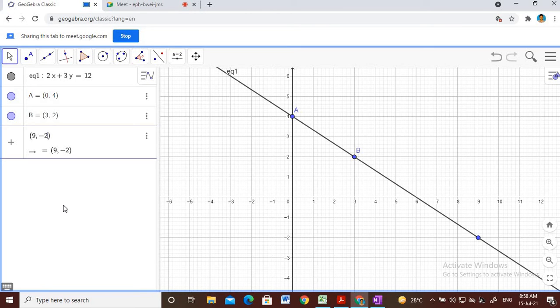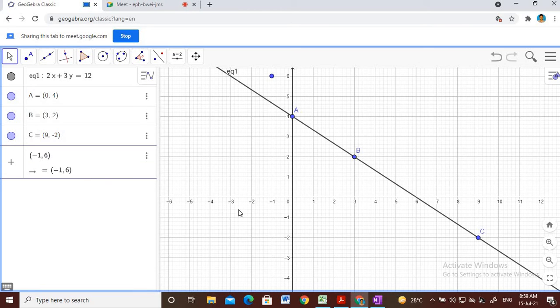Now (-1, 6): it is not a solution. If you substitute (-1, 6) in the given equation 2x plus 3y is equal to 12, it will not satisfy that equation.